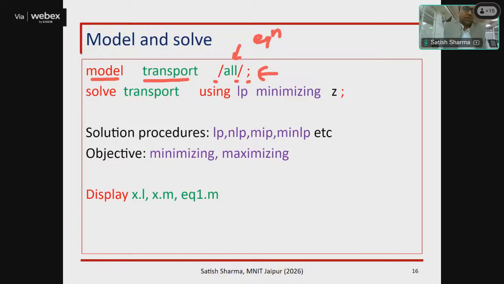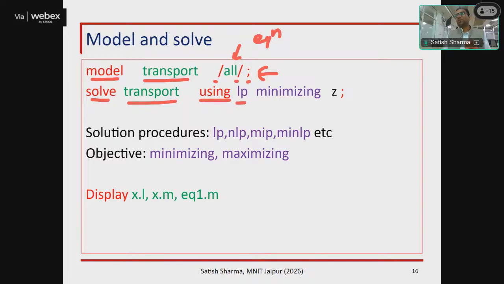Sometimes we don't use all the equations. So let's say if I use equation 1 and equation 2, instead of all I will simply put equation 1 comma equation 2. Okay, so this can also be done. Then the syntax is to solve this particular model with the help of LP.